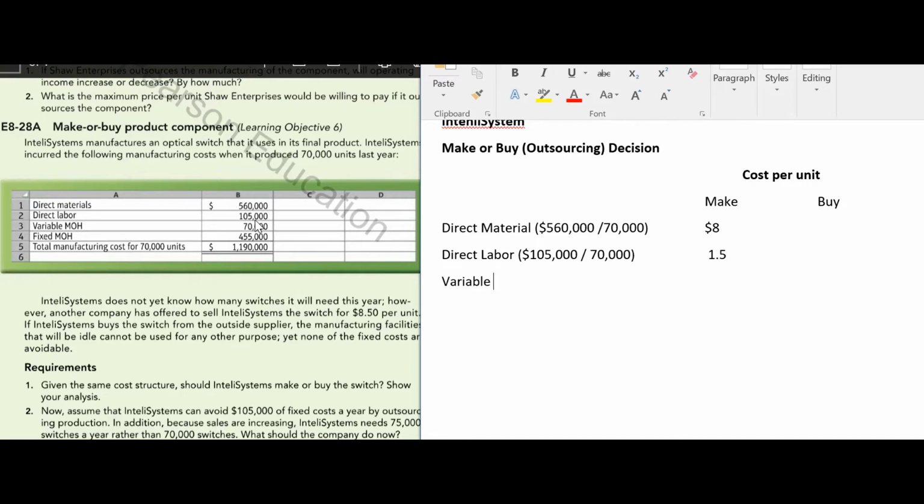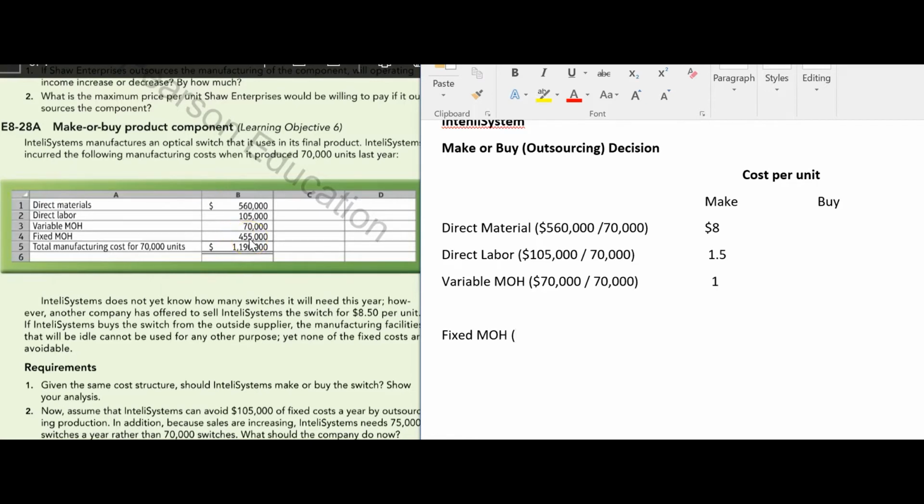Now let's take the variable manufacturing overhead. Their total variable manufacturing overhead is $70,000. They produce 70,000 units. That means per unit cost is only $1. Right, now they have some fixed overhead costs. So now we're going to find out the fixed manufacturing overhead per unit, and it's given here.